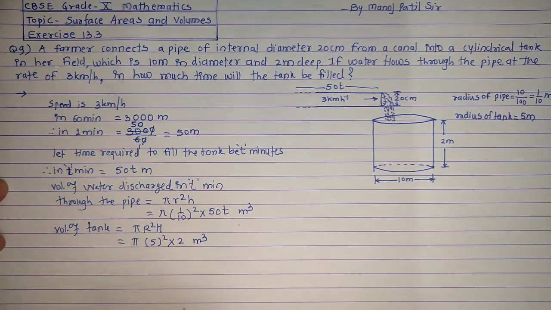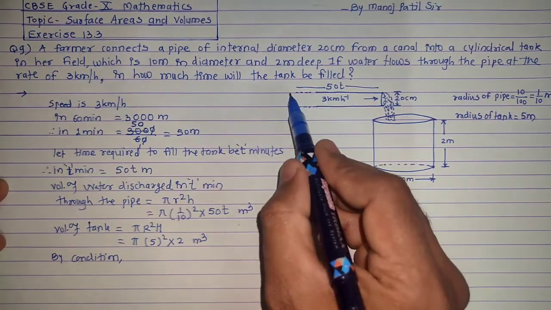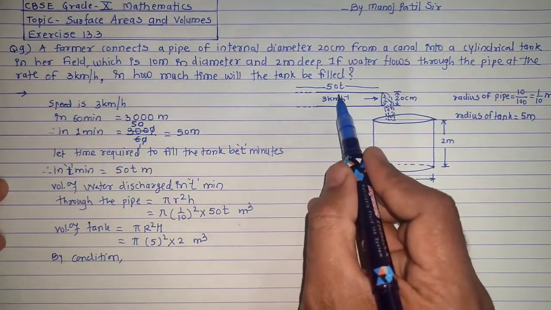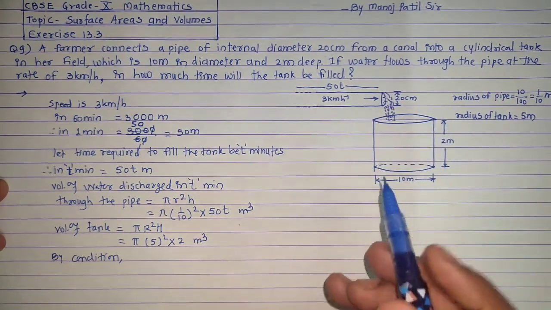Now according to given condition, what we can write? Volume of water in the pipe in t minutes is equal to the volume of tank, right? Because we have to fill it completely.